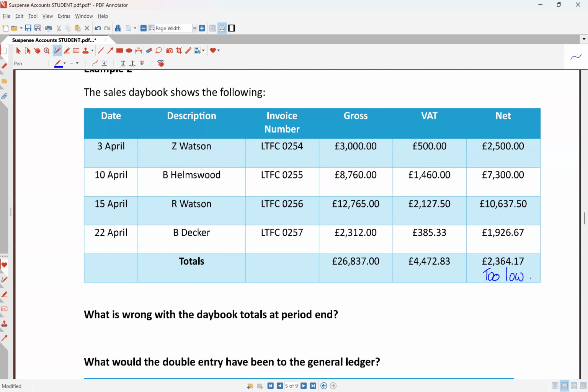So we should hit our calculator and work out what the net amount should be. So what have we got? Hit the calculator, 25 plus your 73, the 10,637.50 and the 1926.67 should be 22,364. I've not left myself enough space there. I'll write it smaller. 22,364.17.